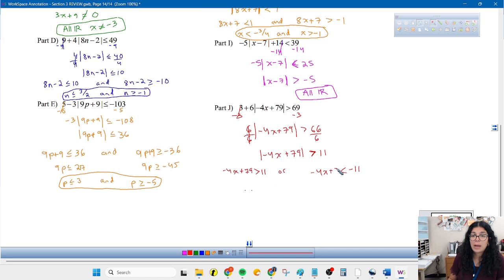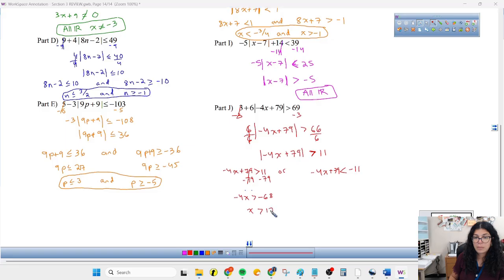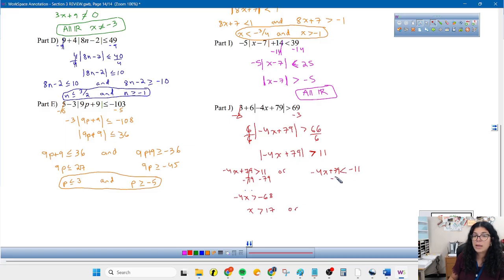So to solve the one on the left, I'm going to start by subtracting 79. So we got -4x is greater than -68. And then -68 divided by -4 will give me 17. Then for the one on the right, subtract 79 on both sides. We get -4x is less than -90. And then divide by -4.